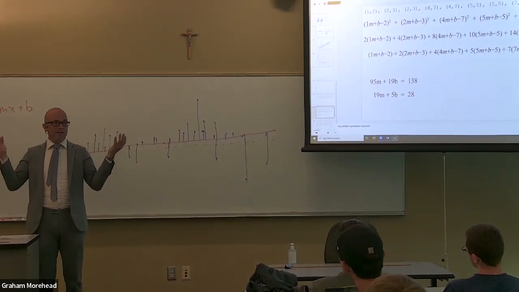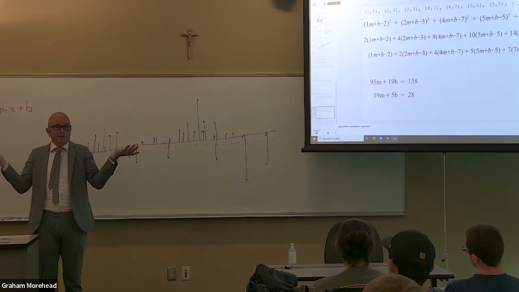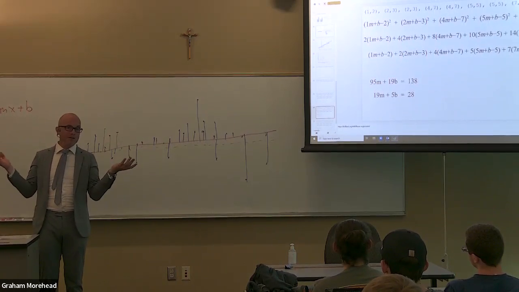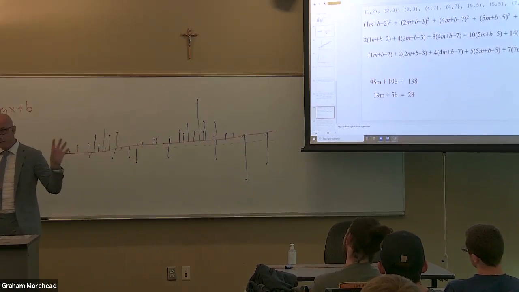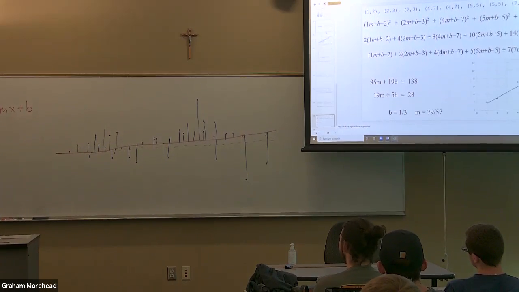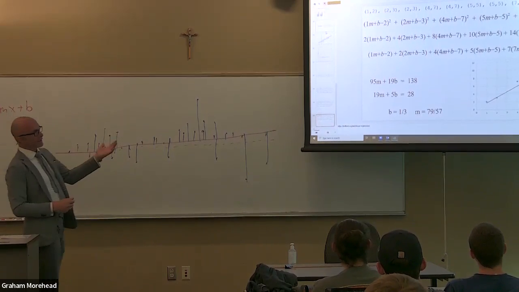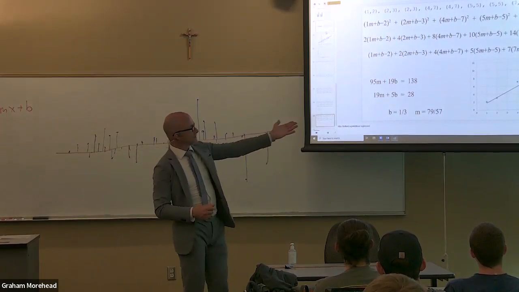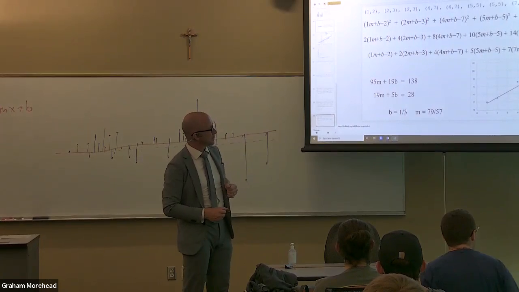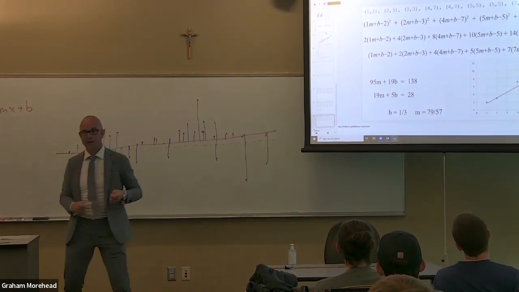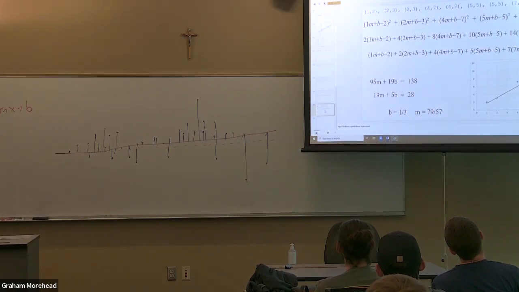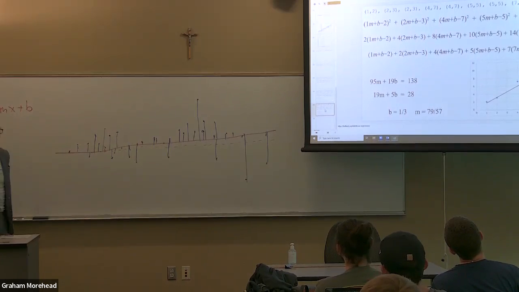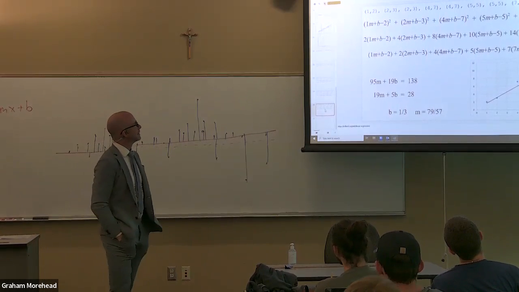How many answers are there? Infinite. 2 equals 2, but 100 also equals 100, right? Anyway, this is a fully determined system, so we know there is an optimal answer. And there it is. And as you can see, it fits the points really well. And that is everything for today.